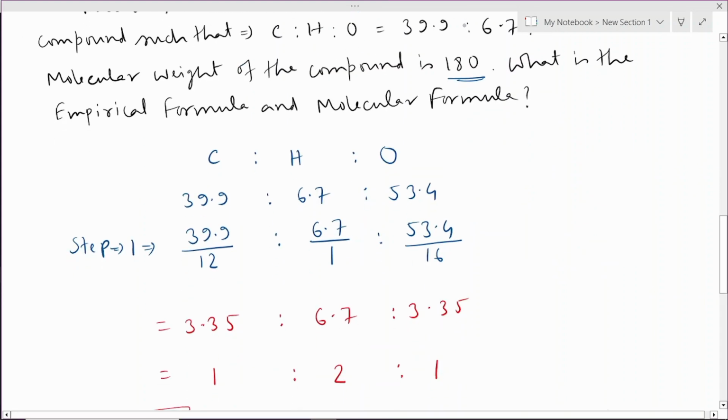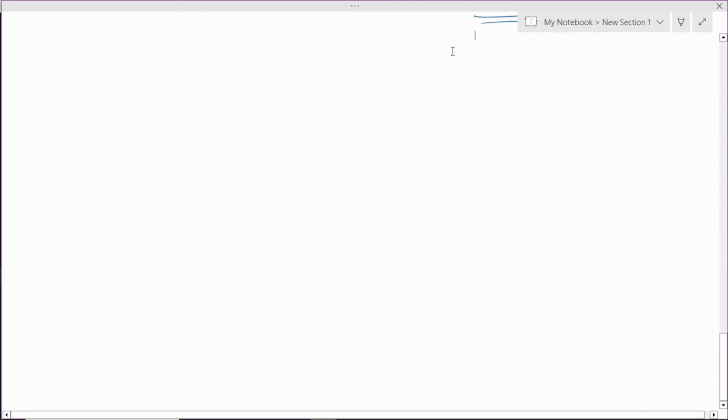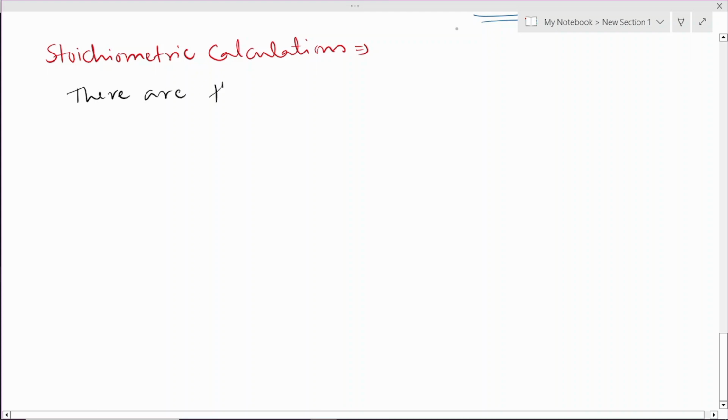Now we move on to the stoichiometric calculations. There are 3 types of stoichiometric calculations.